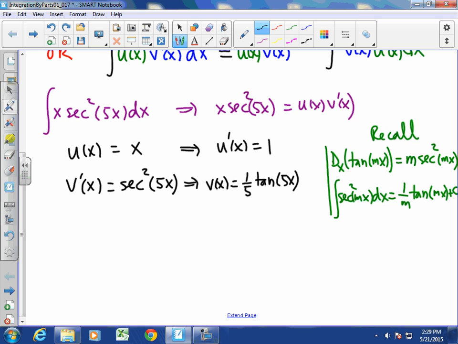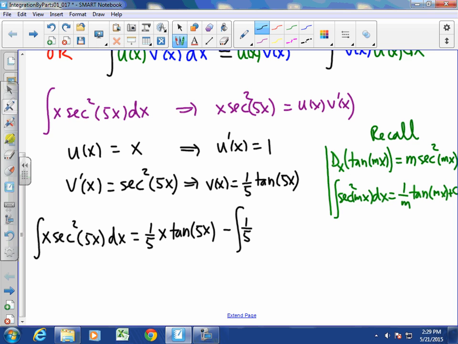And that leads us to the integral of x secant square of 5x dx equals u of x v of x, that means 1 over 5 x tangent of 5x, then minus the integral of v of x times u prime of x, that means 1 over 5 tangent of 5x dx.